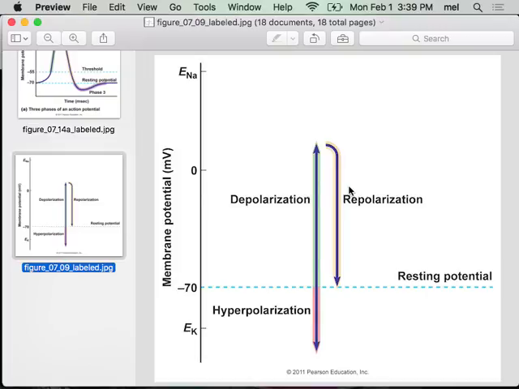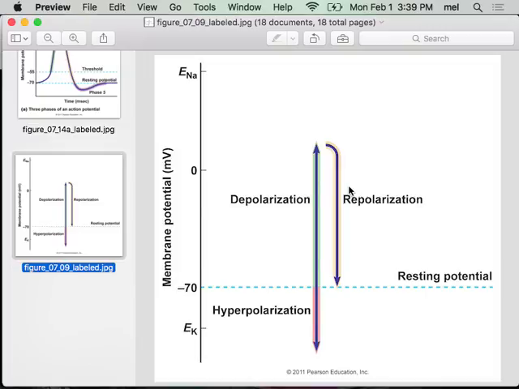My first question is, how can I accomplish depolarization? I'm going to give you two choices. I can either open gated sodium channels or open gated potassium channels. So I want you to sit there and chew on that for a minute and see if you can figure out which one would cause depolarization.